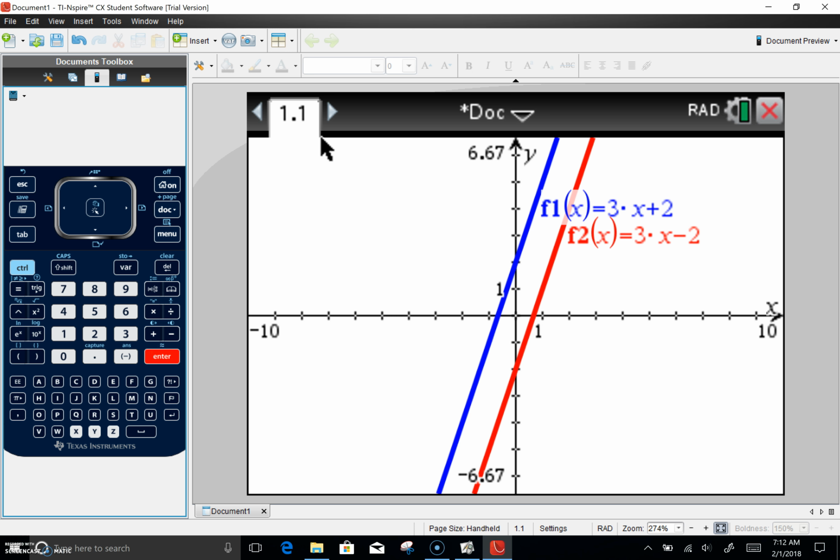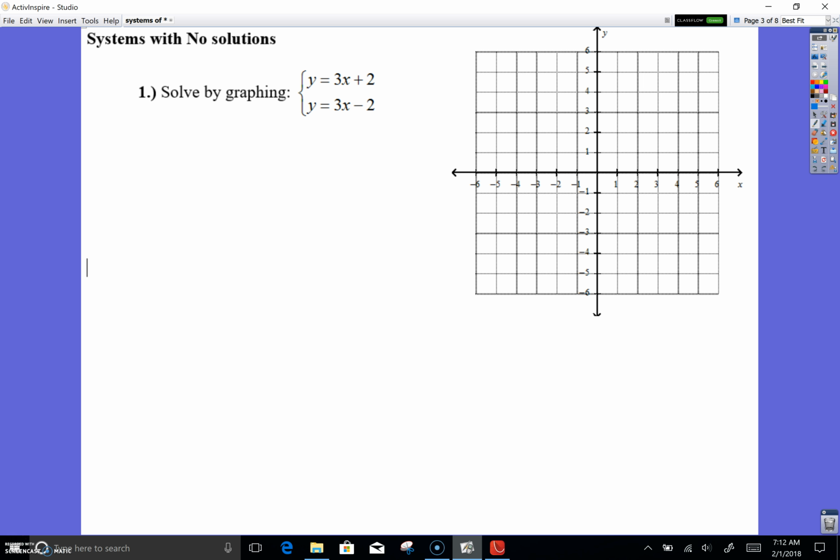You see the two lines are parallel. So if I graph this by hand, I just take 2 points on the graph and draw a line. You could use a ruler for that. So this one has no solution.